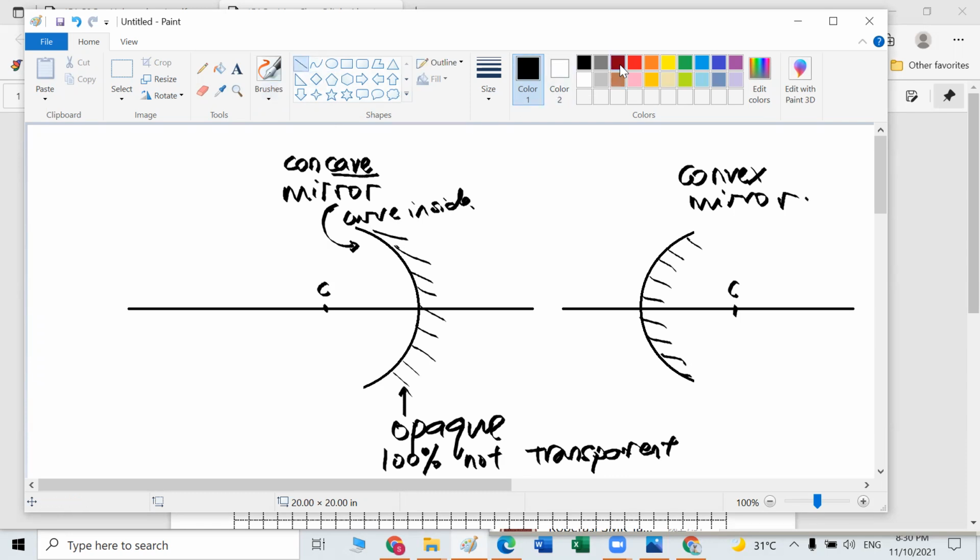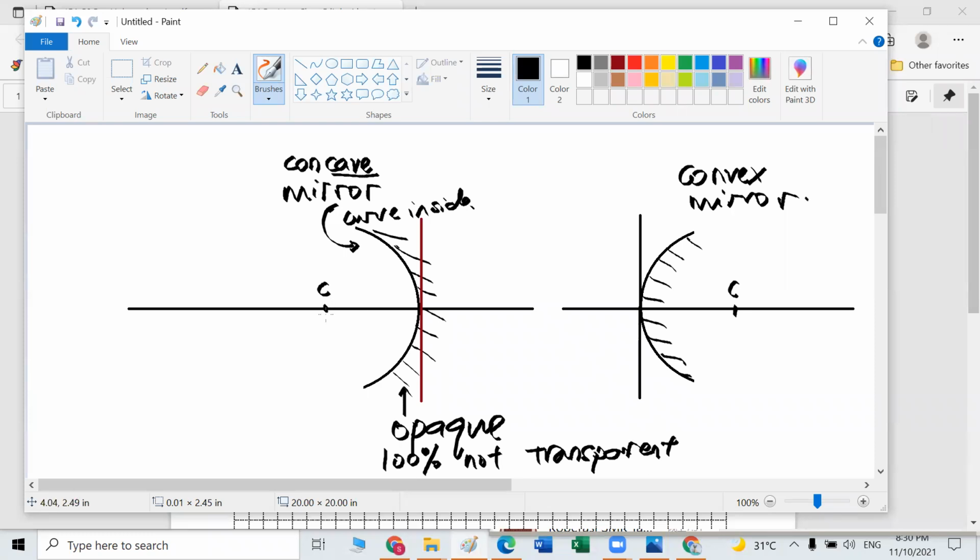So actually we will add a line here that is normal to the principal axis. We use this line as the part of reflection. So now this is the center.